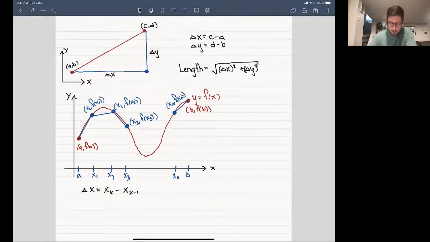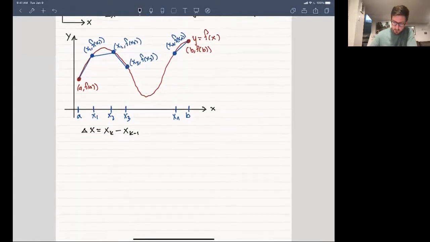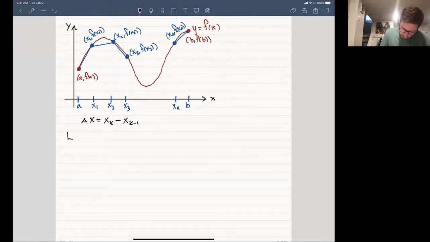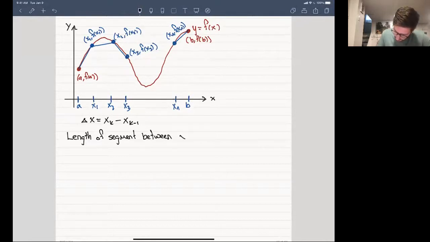Okay, so then what is just the length of each one of these line segments, right? So the length of a line segment between xk minus 1 and xk, we're going to call this thing lk. So L for length, k because it's between k and k minus 1, or k minus 1 and k.